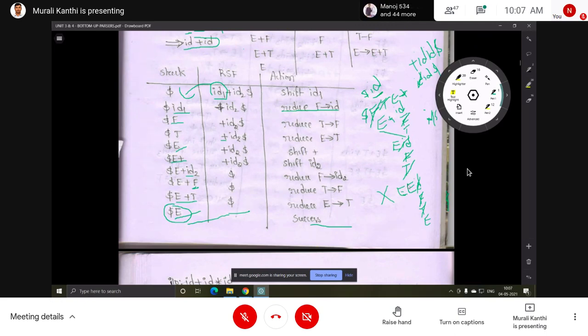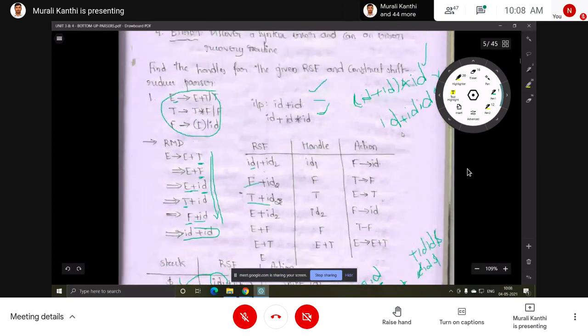Why? In the stack there should be only one symbol, the starting symbol of the grammar. But many e's are there, and only one symbol should be there, the starting symbol of the grammar. So now this parser is going to announce that the given input string is rejected.